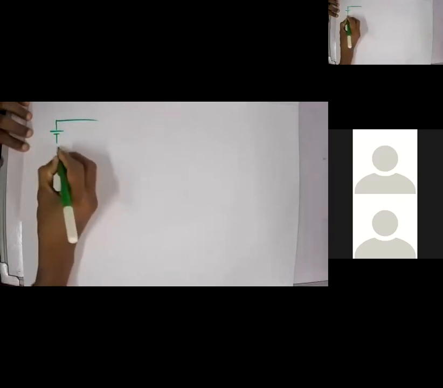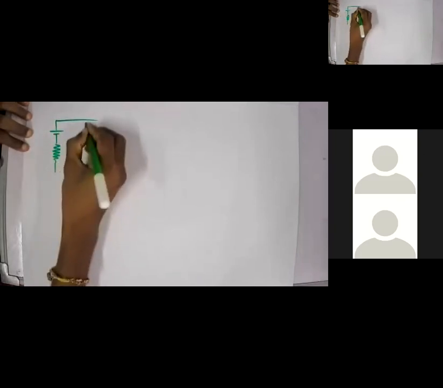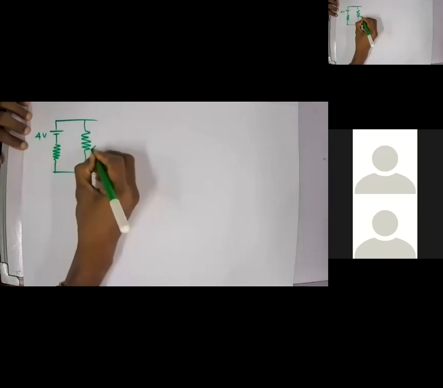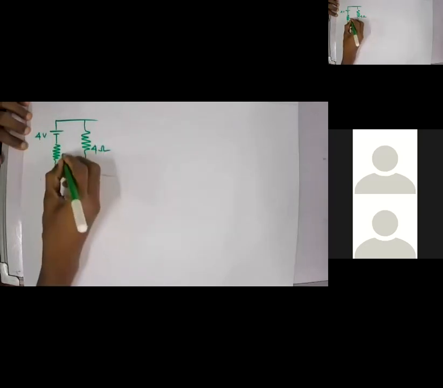Okay. So I'll give you the circuit. 4 volts, this is 4 ohms, 2 ohms, right?